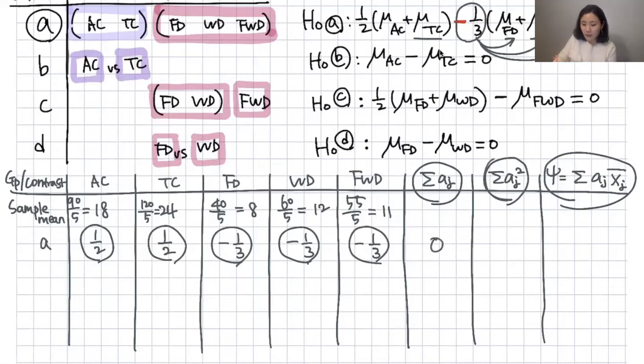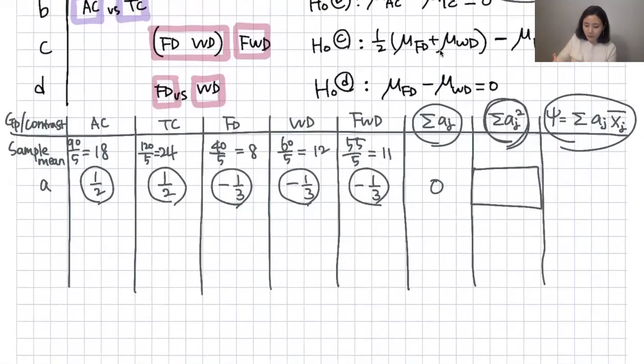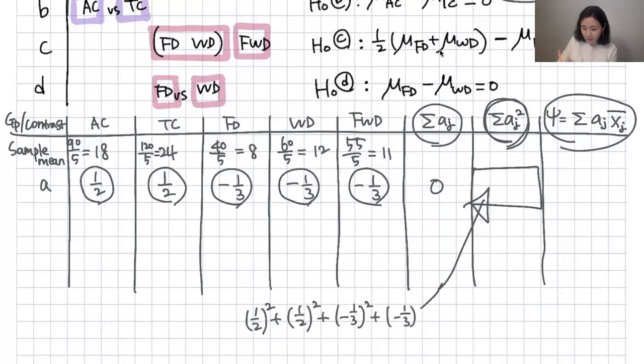And this one is the sum of squares of the linear contrast coefficients. So to calculate this one, we need to square the linear contrast coefficients, and we need to sum them up.